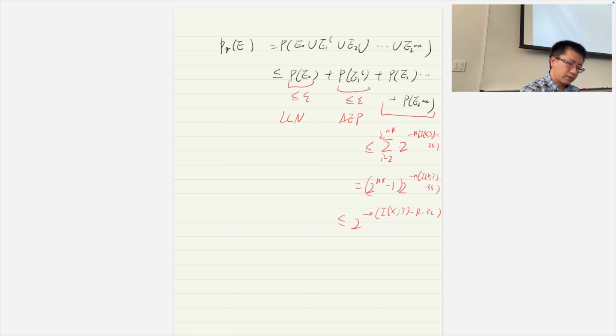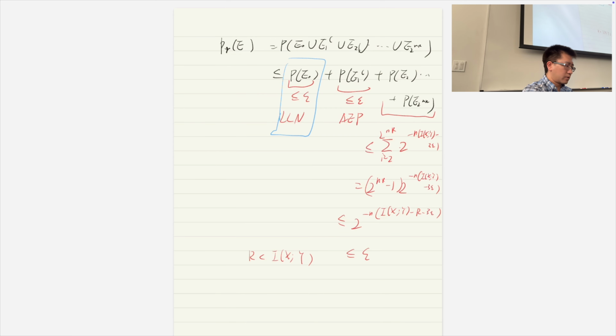Therefore, if R is less than the mutual information, we can show this will be less than epsilon. This procedure is exactly the same as before. The only difference is that we have this additional term, but that can be taken care of by the law of large numbers.